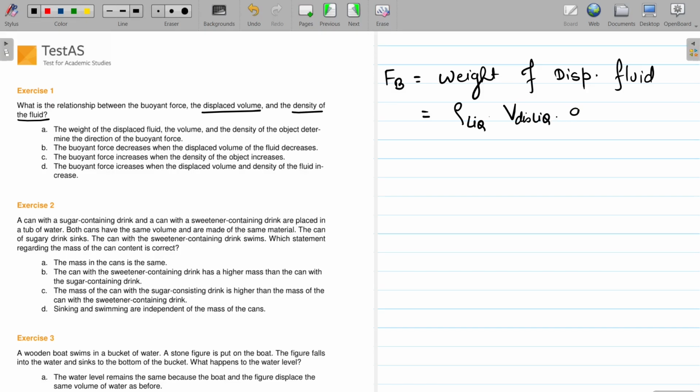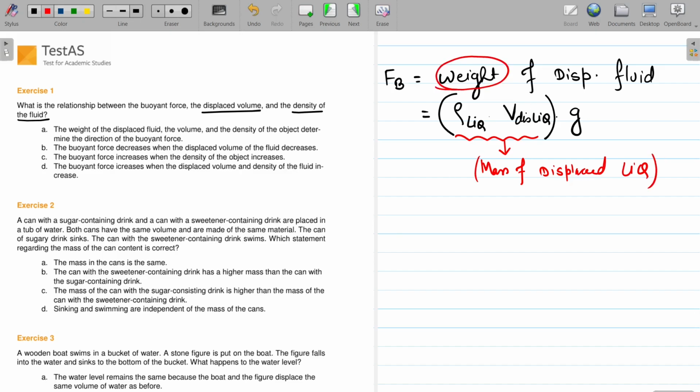Basically, this density into volume gives you the mass of the displaced liquid, right? So this m into g is the weight. There is a little difference between weight and mass.